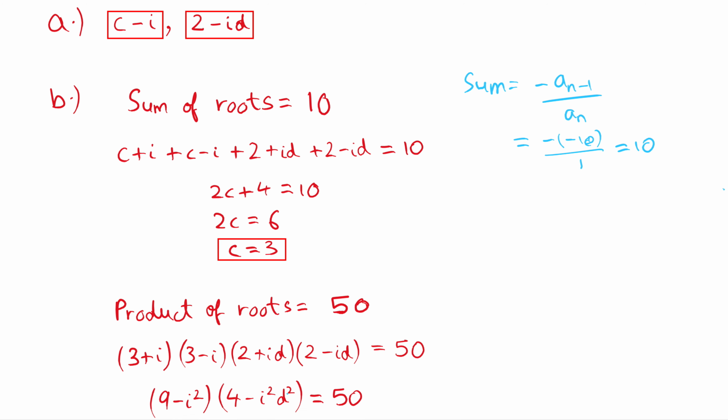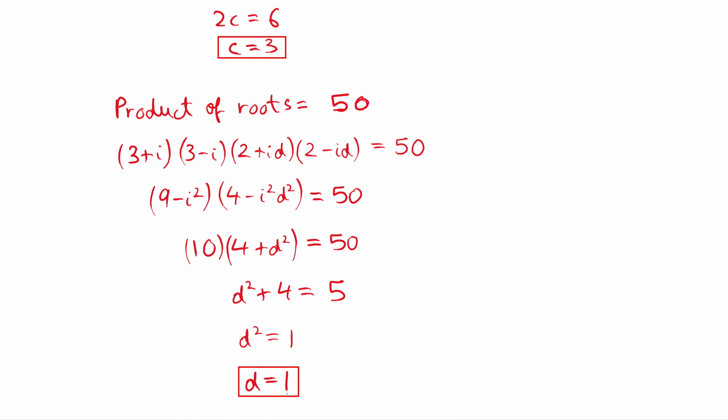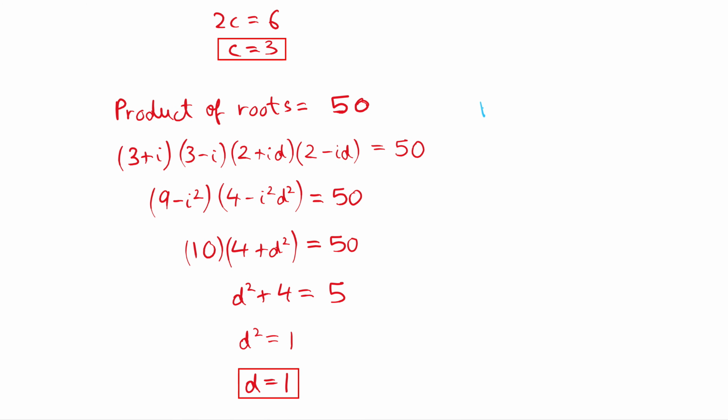Now to solve for d, we need to use the product of roots formula. The product of the roots is given by the formula negative 1 to the power of n, a_0 upon a_n. Again, this formula can only be used when the equation is equal to 0.